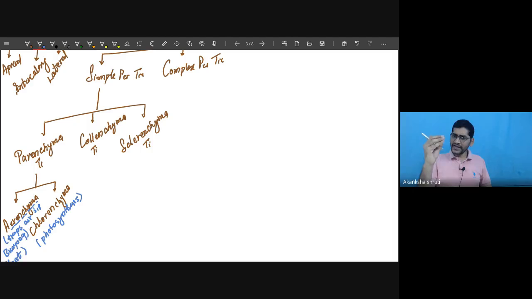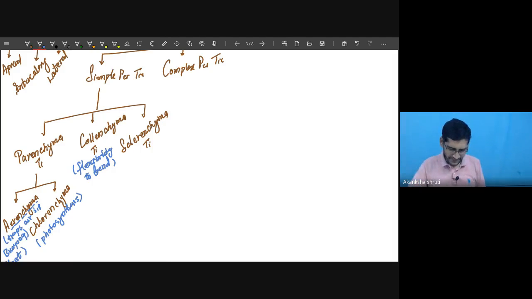So the limited bending of twigs and branches is because of this collenchyma.